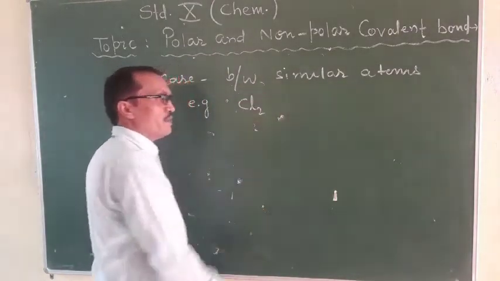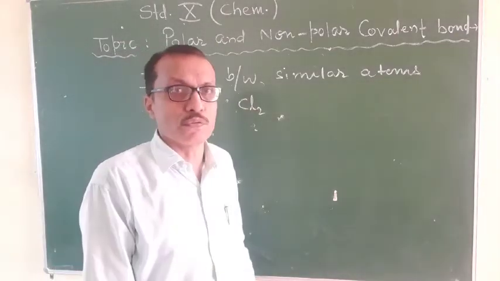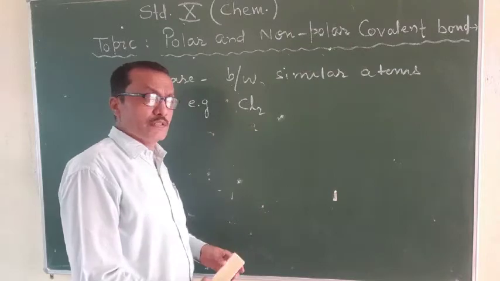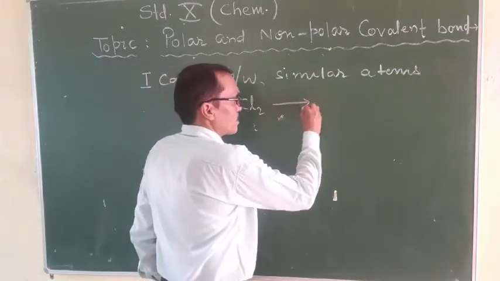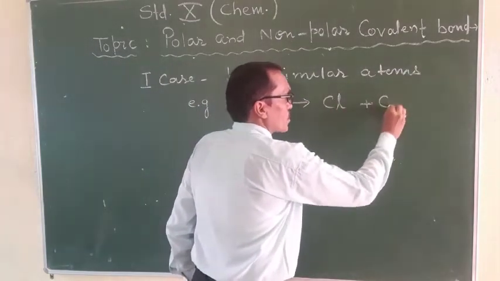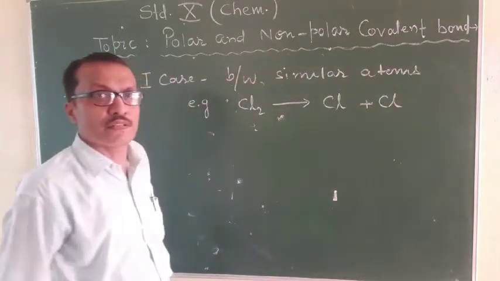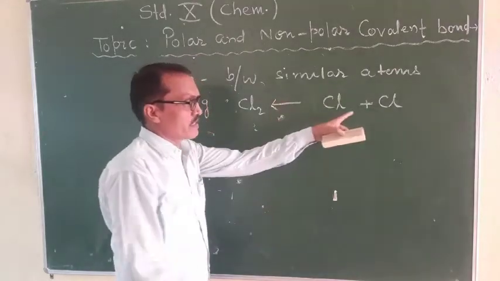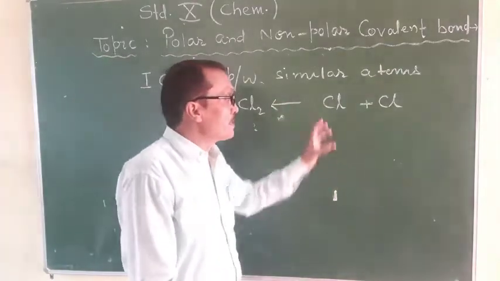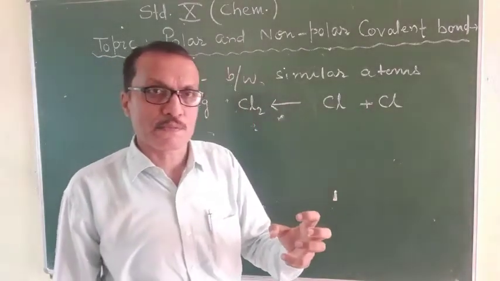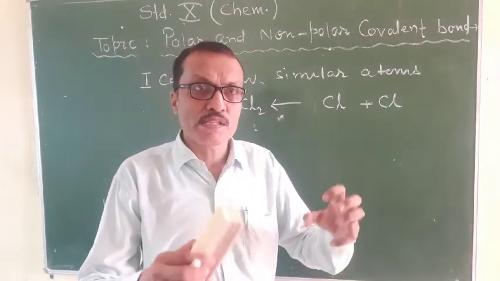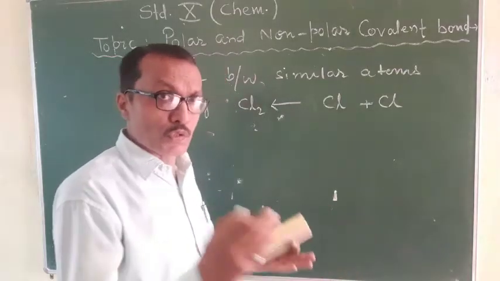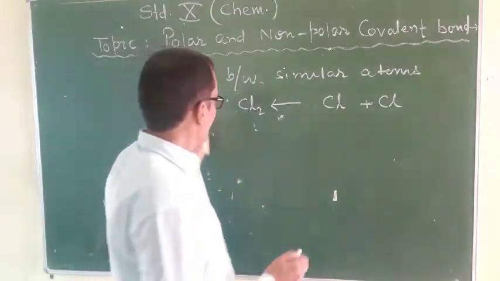The formula of chlorine you write is Cl2. In the chlorine molecule, two atoms of chlorine are present. Cl plus Cl means between two chlorine atoms, mutual sharing of electrons takes place. So I am going to show you that mutual sharing of electrons.